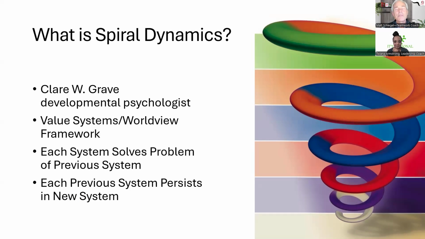And one of the really interesting aspects about this is that each new value system solves a problem with the previous value system, and so every value system is going to have pros and cons, and at some point the cons of the value system become untenable for the community, and they evolve into a new, different value system.